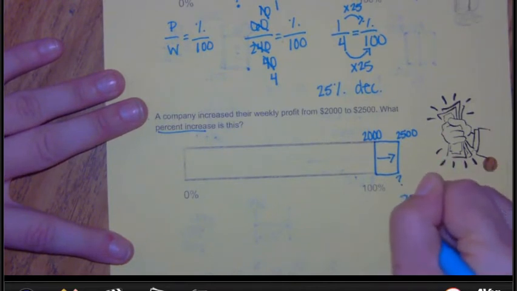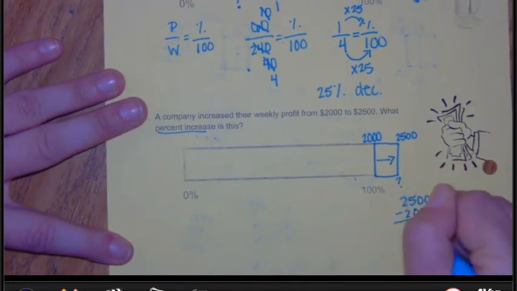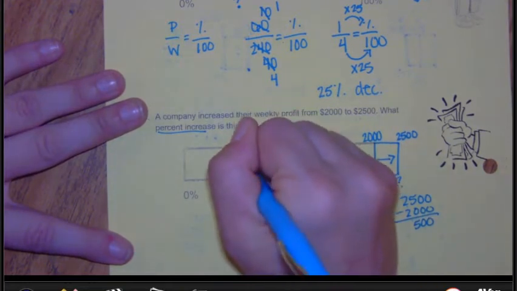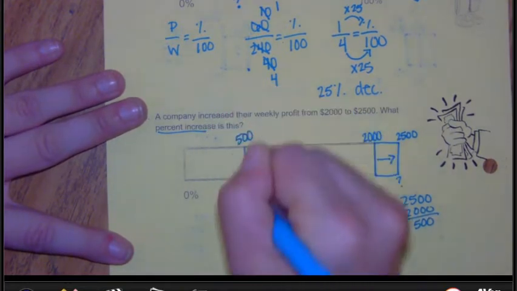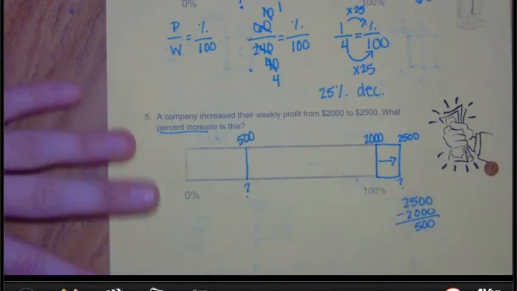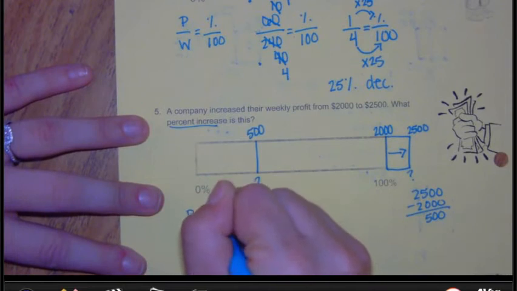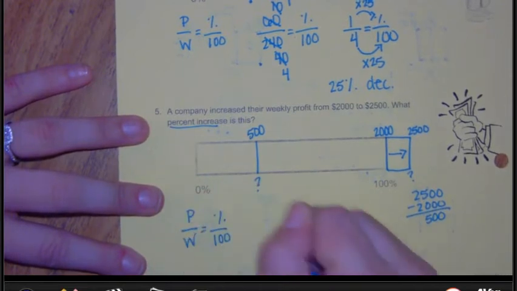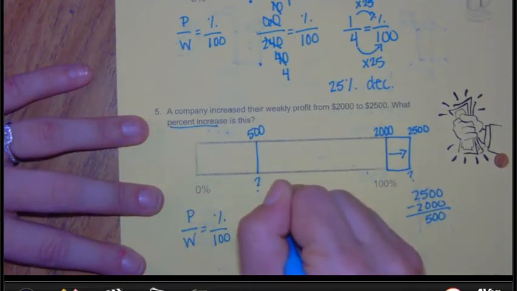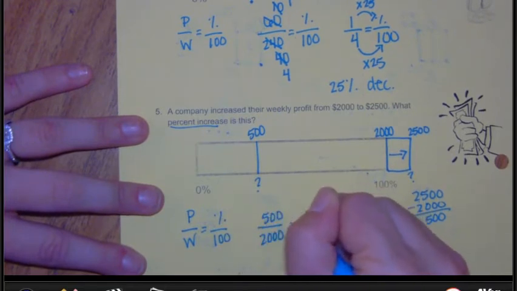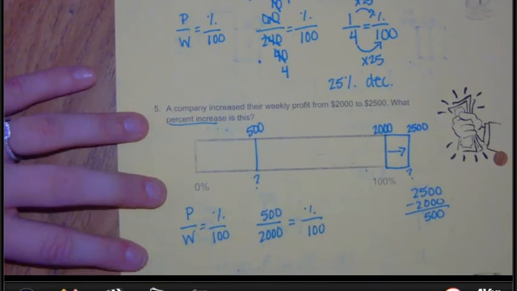So 2,500 minus 2,000 looks like my difference is 500. So I want to know of the original, what percent is 500 of my original? All right, part over whole equals percent over 100. I'm going to have 500 over 2,000 is equal to percent over 100.